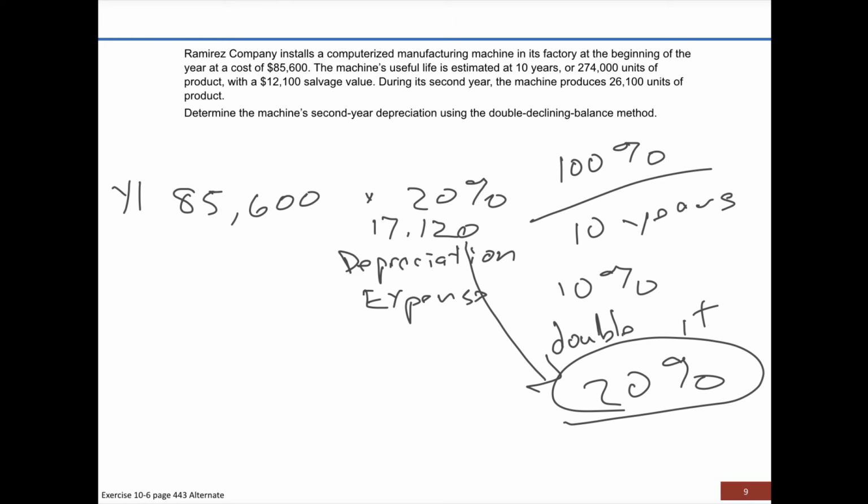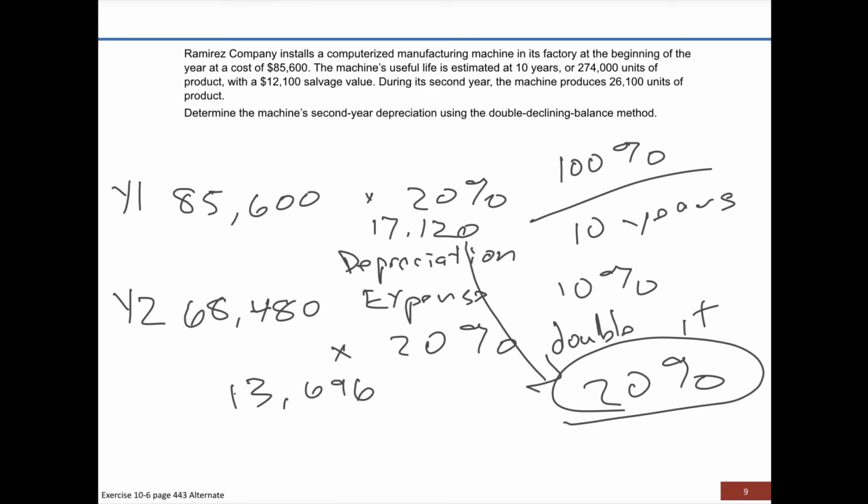Okay. So in year two, 68,480 is my new book value, which I got by just taking initial book value minus this depreciation I recognized in year one. Okay? So then I would take that amount, 68,480, and I would multiply that times 20%, which is 13,696. 13,696 would then be year two depreciation.